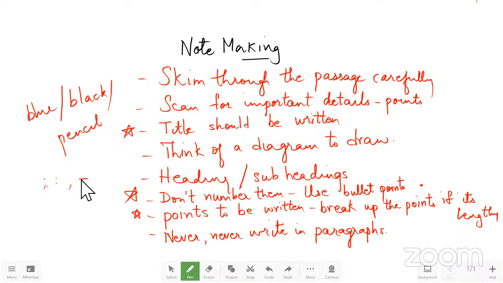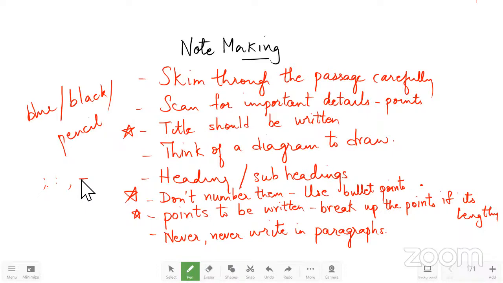So if you want to get good marks, you need to come up with a diagram. Just break it up into notes. First thing, remember, give a title. The passage will tell you about one theme or one idea. Based on that, write the heading, then give the subheading, and under that, give bullet points, different points, 2-3 points under each subheading.